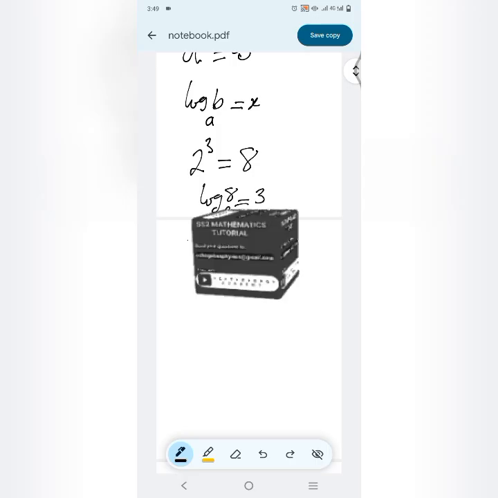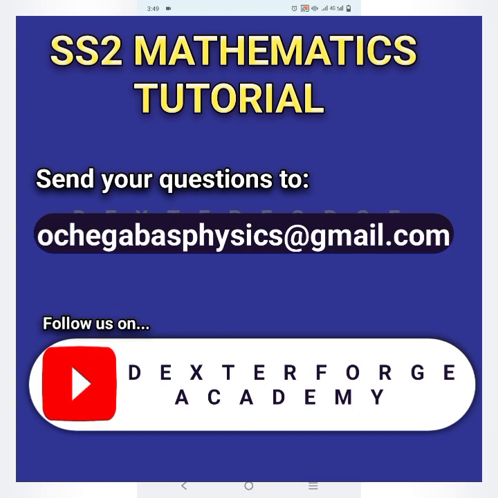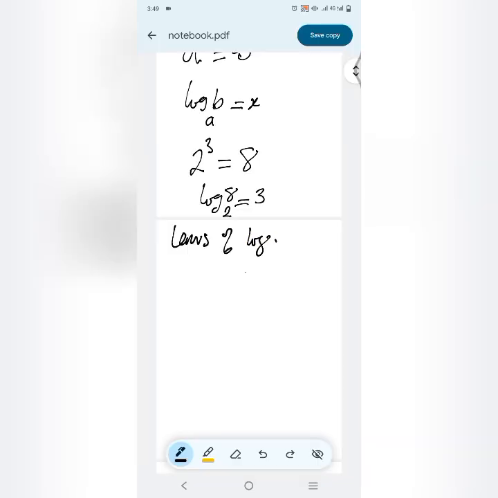In the same vein, let us quickly look at laws of logarithm. Log a to any base plus log b is simply the same thing as log of a multiplied by b.